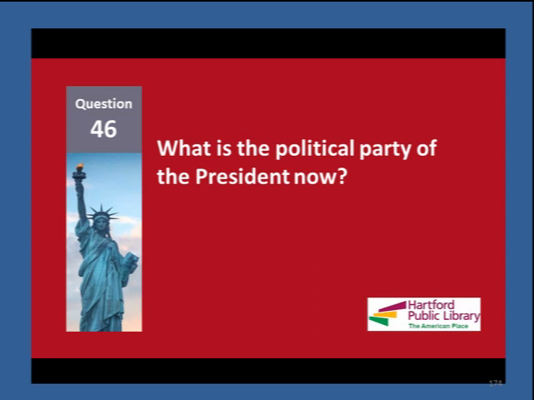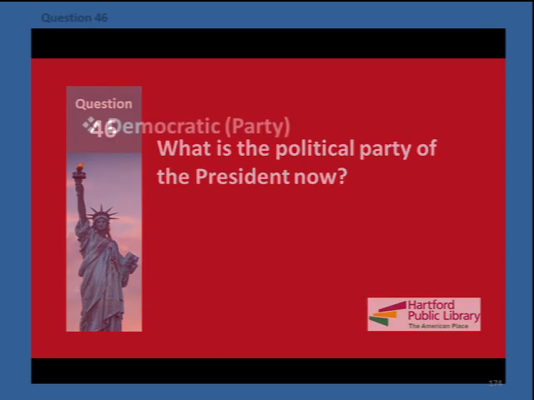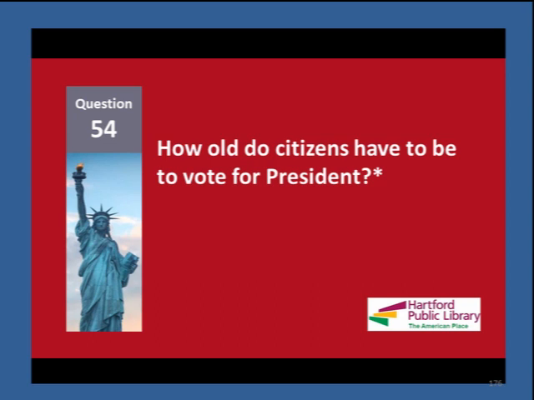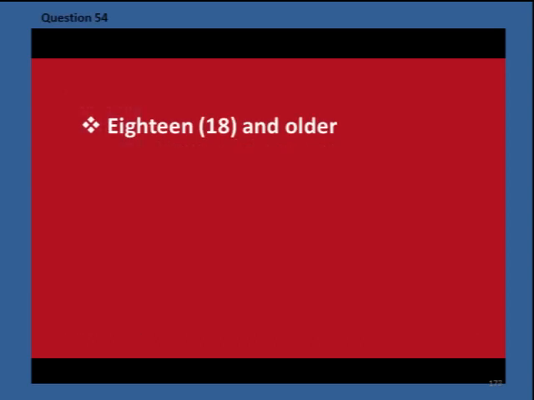Question 46. What is the political party of the president now? This slide shows the political party of the president now. Question 54. How old do citizens have to be to vote for president? 18.